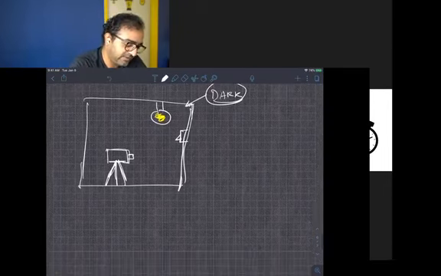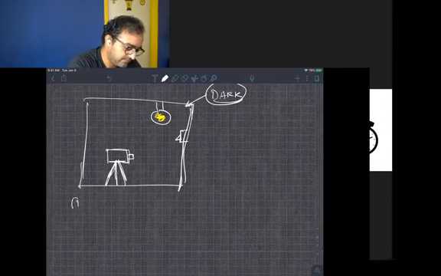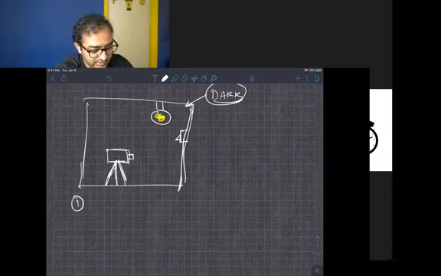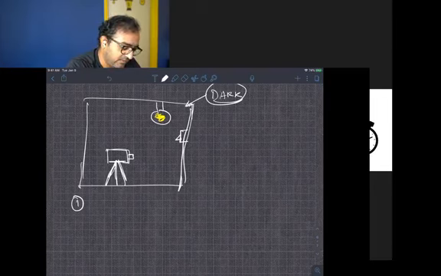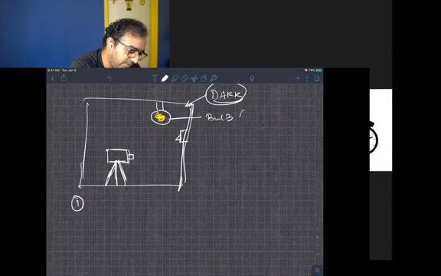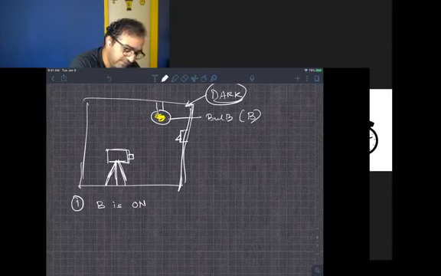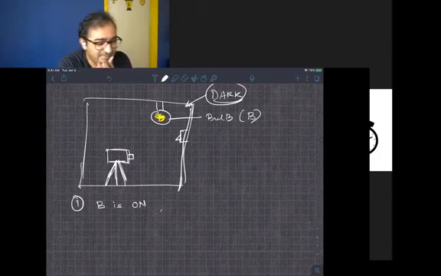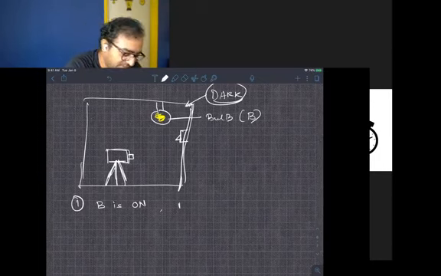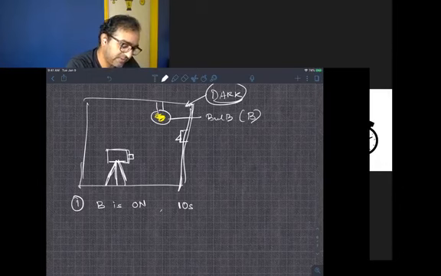So, case one. In the first case, the light bulb is on. So this is the bulb. The bulb, I'm going to call that B. B is on, right? This is the initial state, but the bulb is on. The camera is set for a 10-second shutter speed, right?